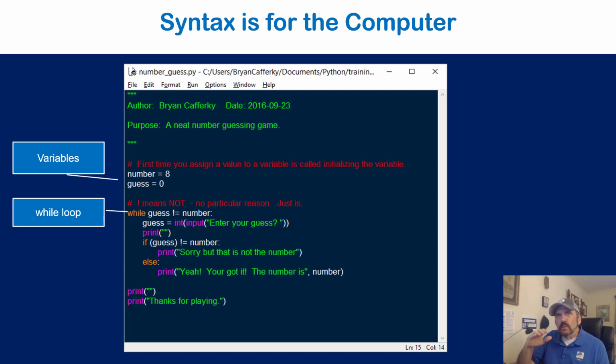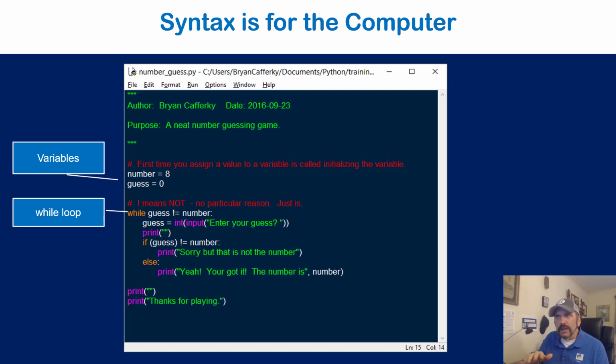While says, I want to repeat some lines of code. I want you to run these multiple times. The idea behind it is, I don't want to have to type this 50 times over and over again. Why not just say, look, I want you to do X, so do it, and I'll do it X number of times, something like that. I want you to repeat this. So we're setting up what's called a while loop.